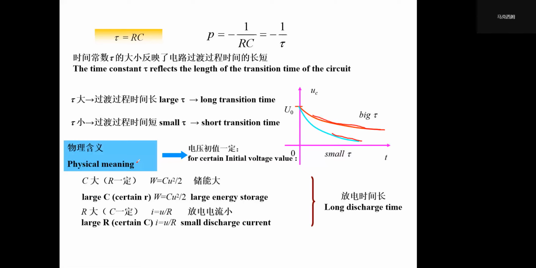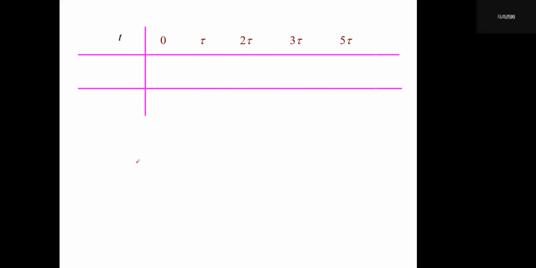This is the physical meaning of this time constant tau, and we can see it from the output voltage of the capacitor. When time goes through 1 tau, 2 tau, 3 tau, 5 tau, our output voltage will decay from U0 to U0 times e to the power of minus 5.